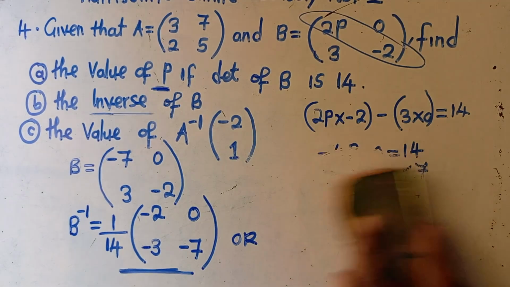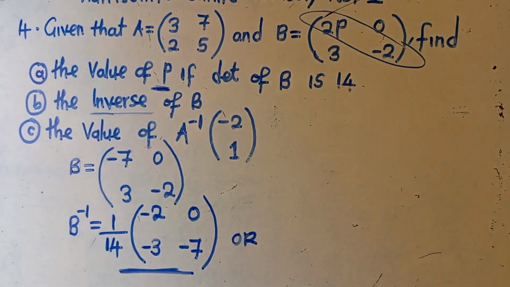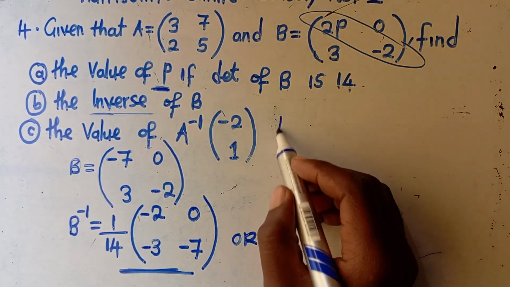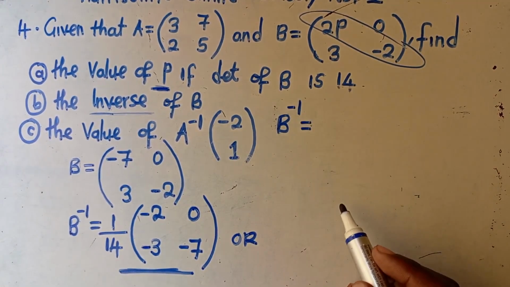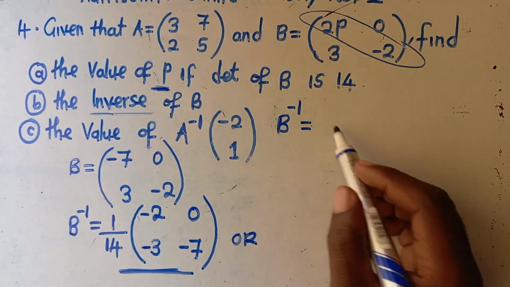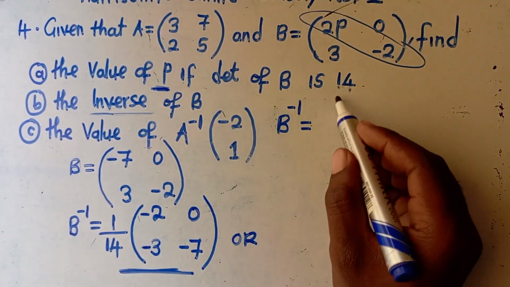So what you are supposed to do now is where you start multiplying this one with everything in the bracket there. You say B inverse is now equal to 1 times negative 2.